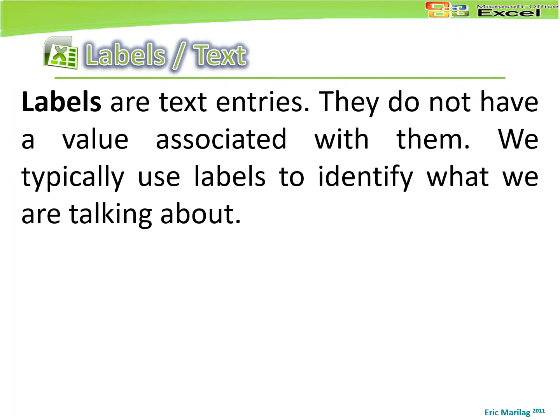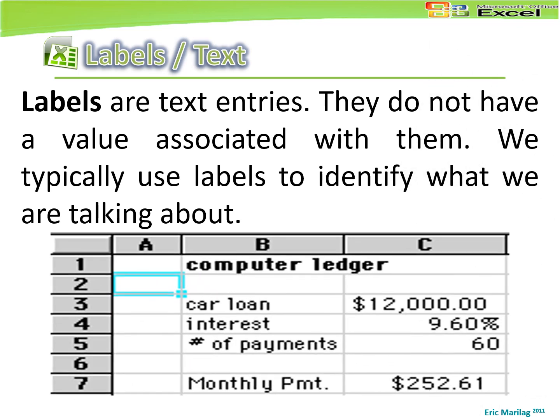Labels are text entries, meaning to say they do not have any value associated with them. So just text. Like for this example, you have the computer ledger, car loan, interest, number of payments, and monthly payment. Here are some of your labels.